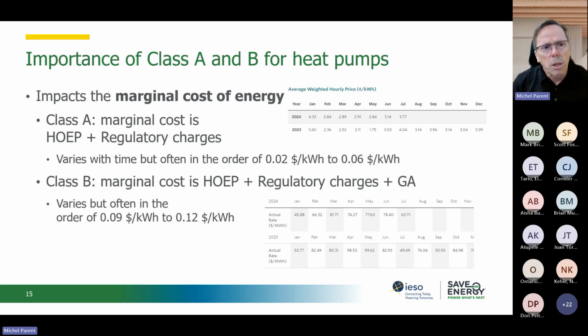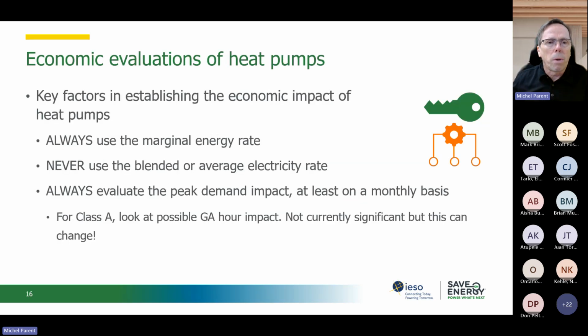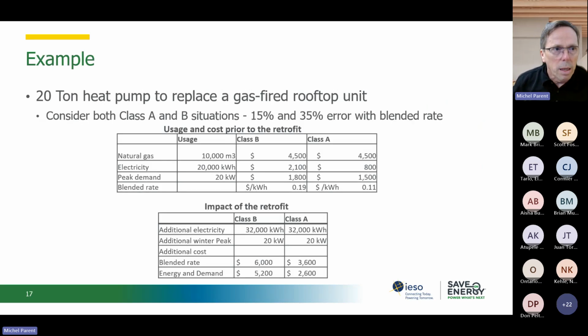And I will again mention, do not ever use the blended rate when you do your heat pump analysis. If you want to know, is a heat pump good for my building? Stay away from a blended rate, which is the average rate you would pay on a yearly basis, because that has no meaning when evaluating a heat pump. So that's really the basic rule.